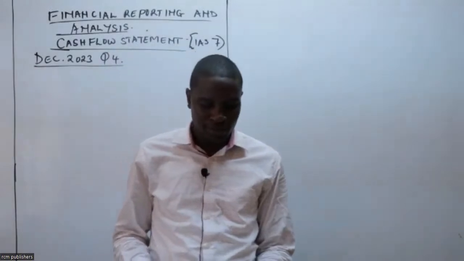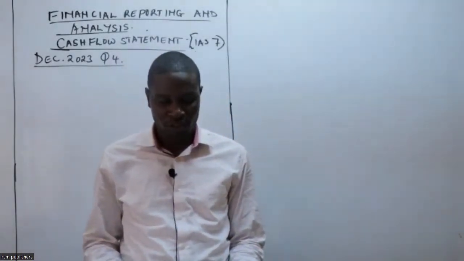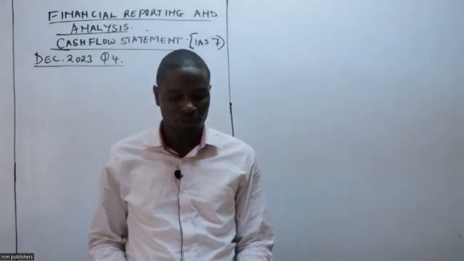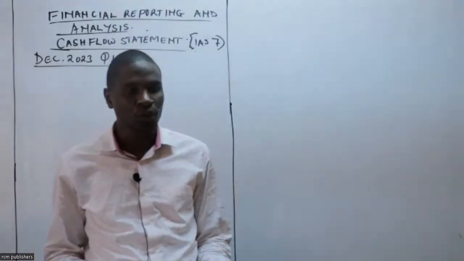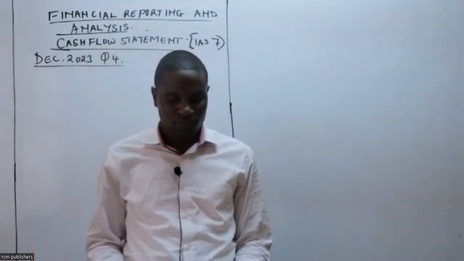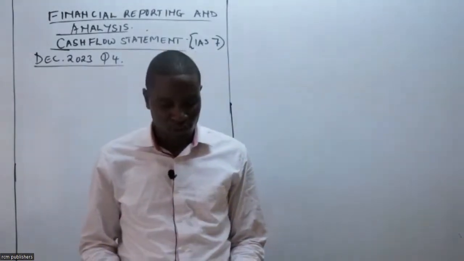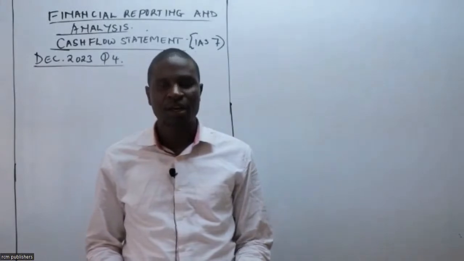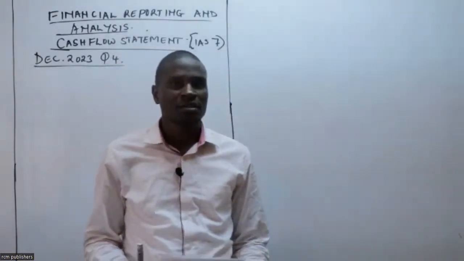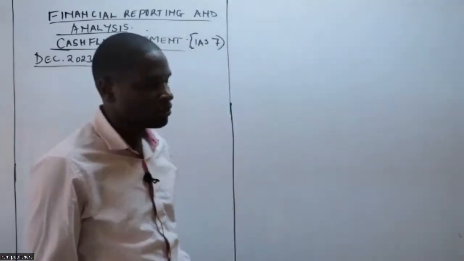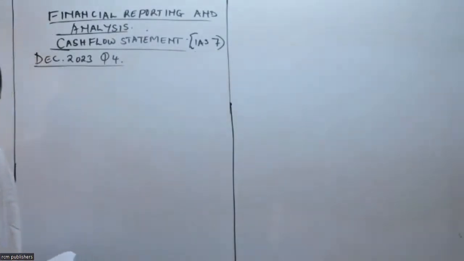The company repaid some borrowing which had matured during the year and issued new loans amounting to 3 million shillings. Required: come up with a statement of cash flow for Bundo Limited for the year ended 31st October 2023 using the indirect method in accordance with the requirement of International Accounting Standard 7.